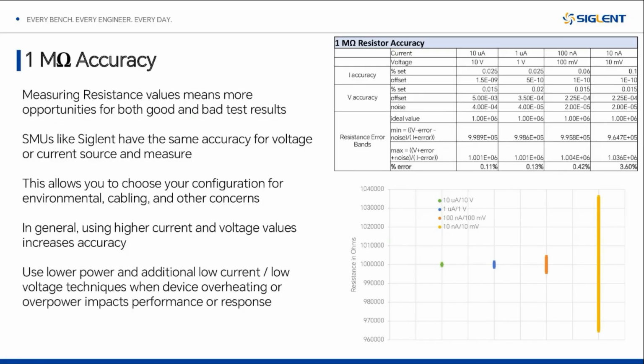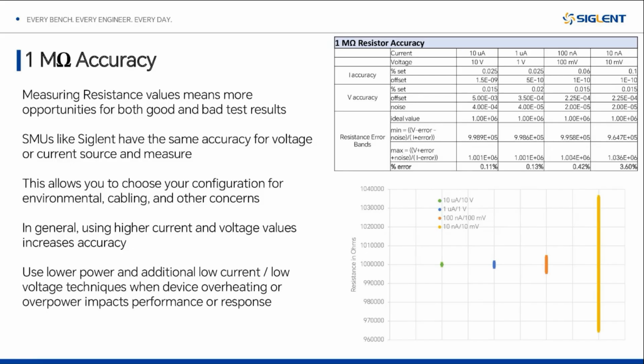If you need to source down at 10 nanoamps and measure 10 millivolts, you end up with about a 3.5% error band, and that goes down significantly each time you range up, going up 10x in current, until you get to a 10 microamp source and a 10 volt measurement, which really gets your error rate down to about 0.1%.